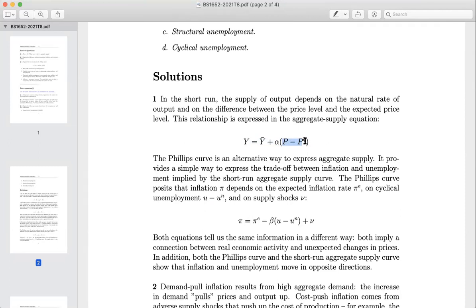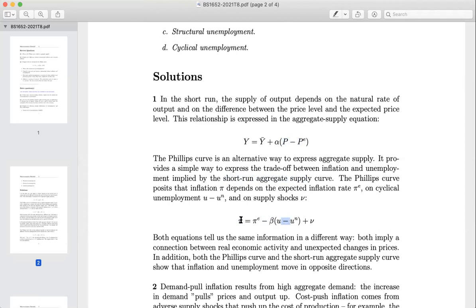So the Phillips curve is an alternative way to express aggregate supply. It tells us there's a trade-off between inflation and unemployment, which is something already given in the short-run aggregate supply. The trade-off appears because we have inflation on the left-hand side and a negative coefficient here, meaning a negative relationship between cyclical unemployment and the inflation rate.